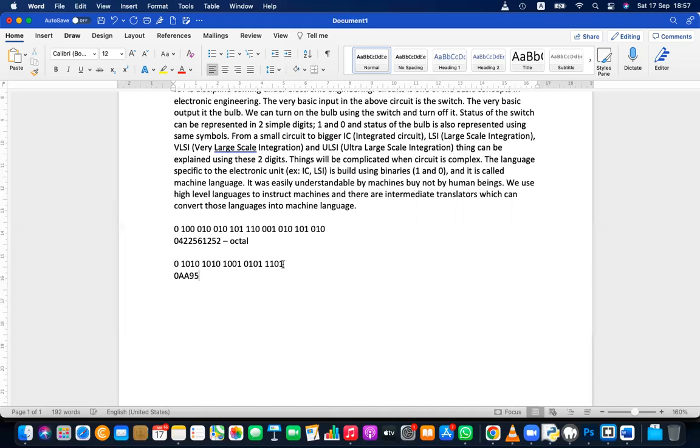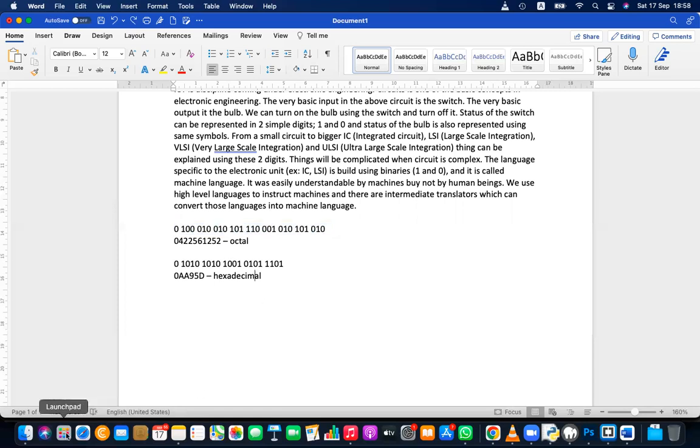This is 12, 13, B. This is even shorter, and this is called hexadecimal. That is why we are learning the octal and hexadecimal number systems. When you know the binary, we should know how to make it shorter. To make it shorter, we need octal and hexadecimal.